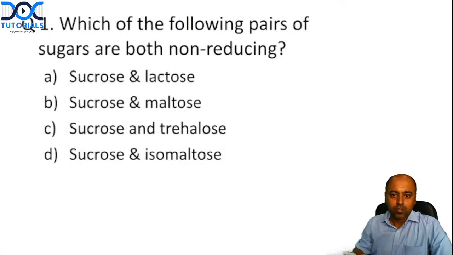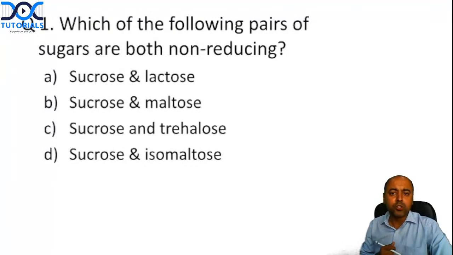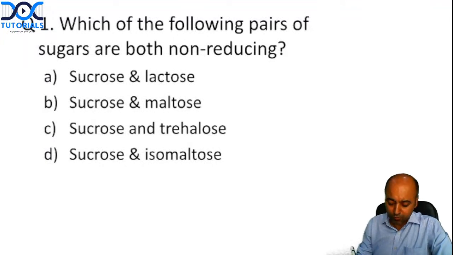Question number 1. Which of the following pairs of sugars are both non-reducing? Now this is one of the very commonly asked questions in your exam about reducing and non-reducing sugars. When we say reducing and non-reducing, the first thing to keep in mind is that we are talking about the Benedict's test.